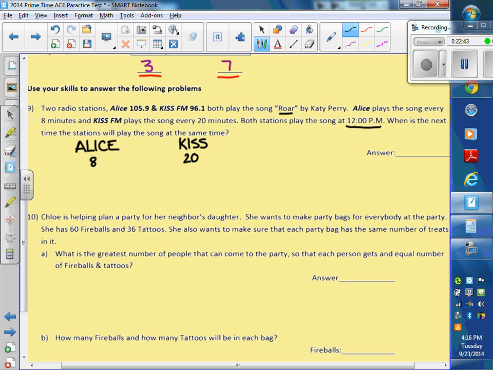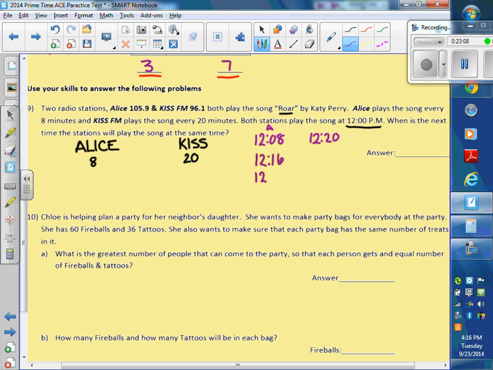So just to get the problem in your head, for example, at 12:08, Alice will play the song again, but Kiss won't be playing it until 12:20. So at 12:16, Alice will play the song, but still Kiss hasn't played the song yet.